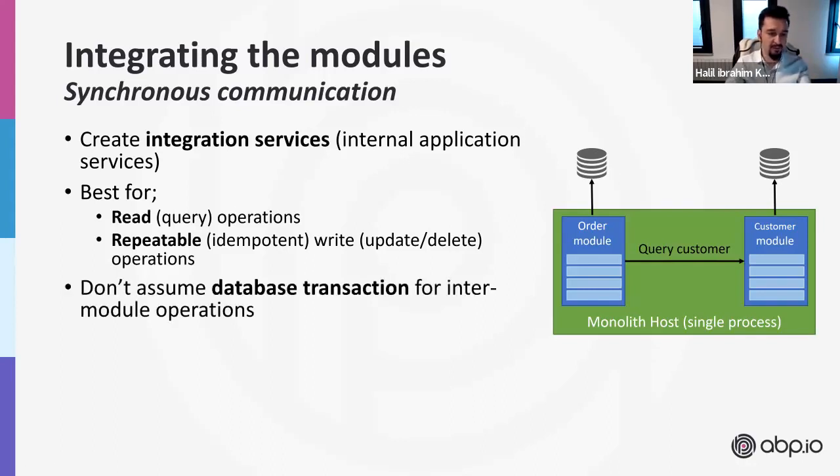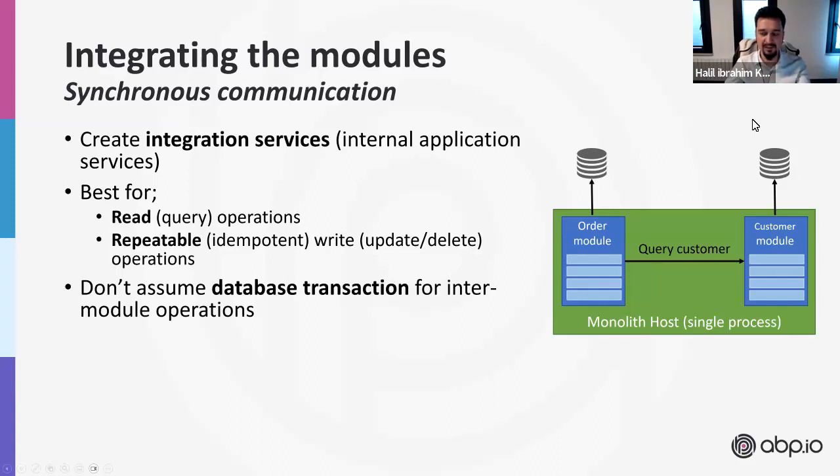However, don't assume database transactions for inter-module operations. That means if you make a write operation in your module and another write operation in the customer module, you can't assume that it will be transactional, because later, or maybe even at the beginning, your databases will be different. Maybe your database technology will change over time.